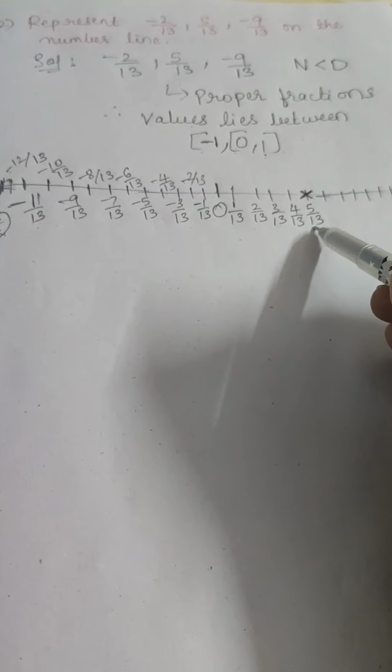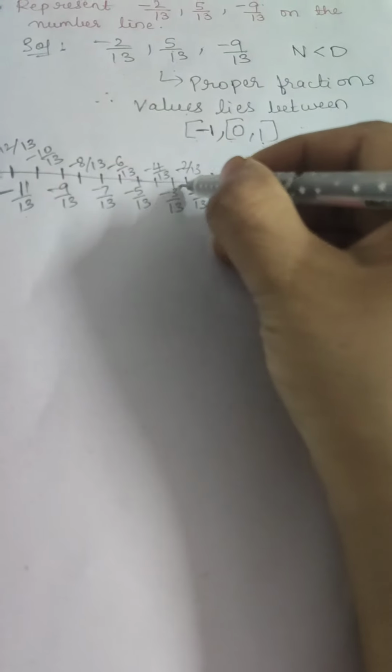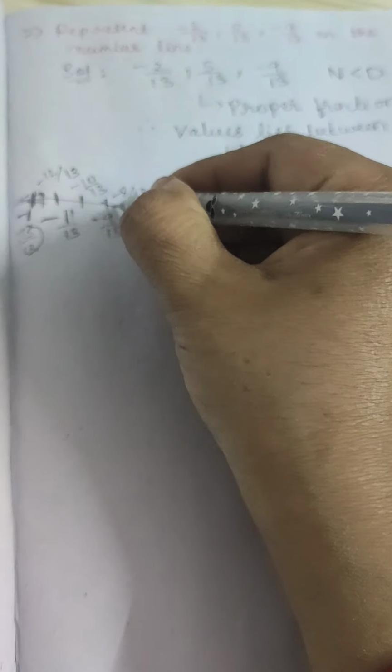Okay, now already we selected the 5 by 13. Now we should place the minus 2 by 13. Where is minus 2 by 13? It is here. And next minus 9 by 13. Okay, this is minus 9 by 13.